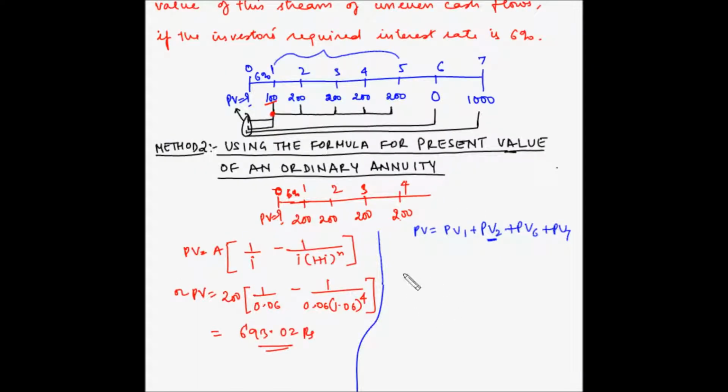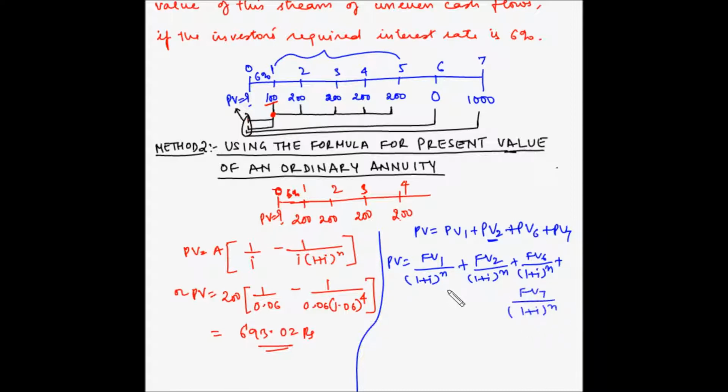Or PV is equal to, now PV1 will be FV1 divided by (1 plus i) to the power n, plus PV2 will be FV2 divided by (1 plus i) to the power n, plus PV6 is FV6 divided by (1 plus i) to the power n, plus FV7 divided by (1 plus i) to the power n. Now actually this n here is going to be different for each of these.